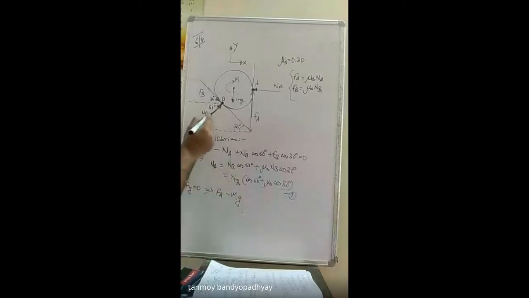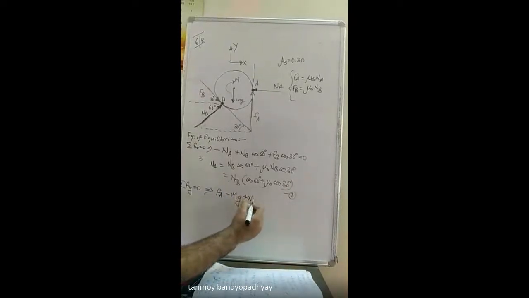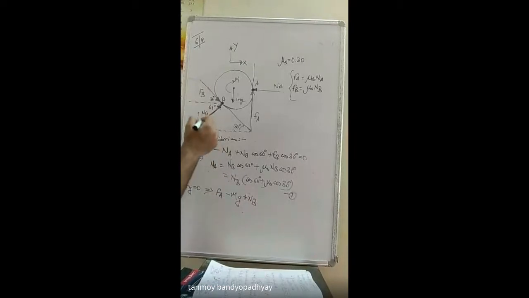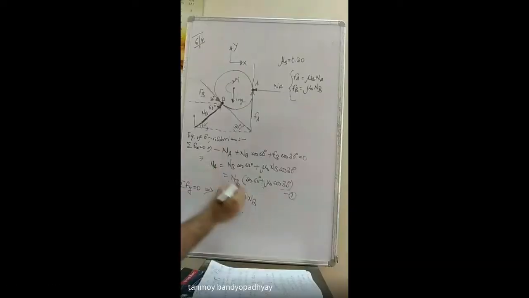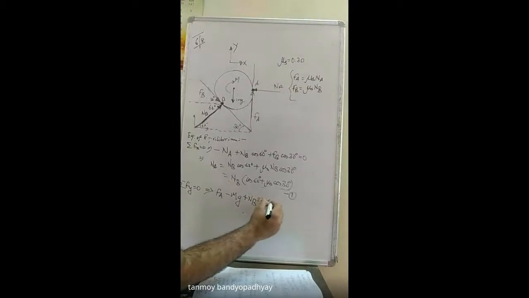Here you have a component of NB in the upward direction, so plus NB, and that will be, if I draw it here, NB cos 30 degree. Cos 30 or sin 60 actually, whichever you write.